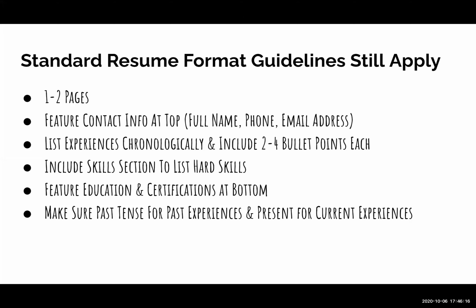So you'll want at the very least to include your full name, your phone number, and your email address. You also want to make sure that you are still listing your strengths in chronological order under the experience section, and that you're limiting the number of bullet points to between 2 to 4 per strength.